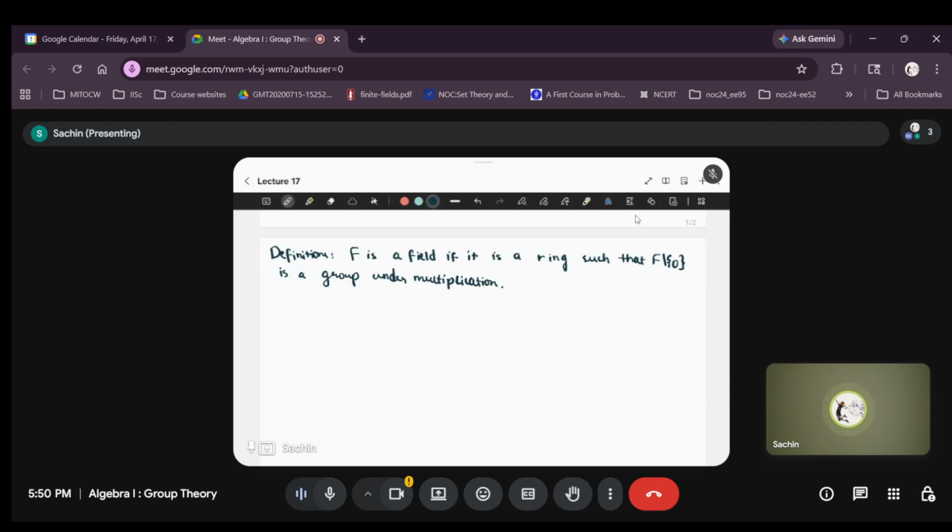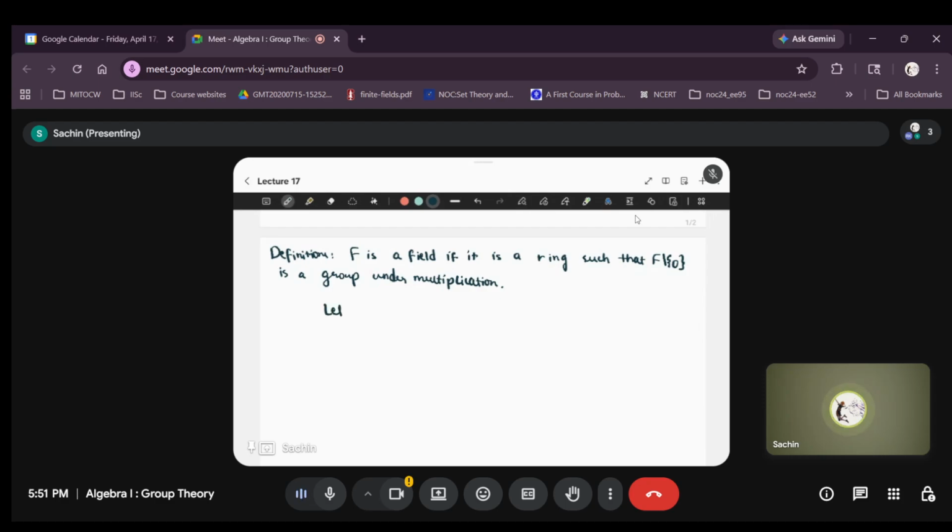So a ring already has all the properties to make it a group under multiplication except for the inverses. So if you remove 0 and say that all the non-zero elements have multiplicative inverses, then F minus 0 will be a group. It's the same as saying that all non-zero elements have multiplicative inverses.